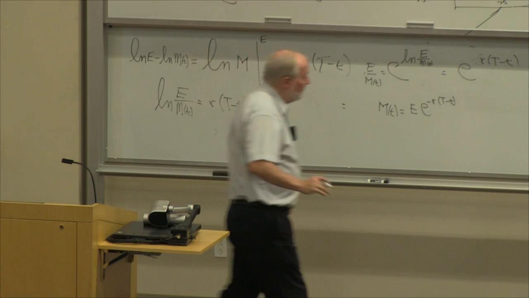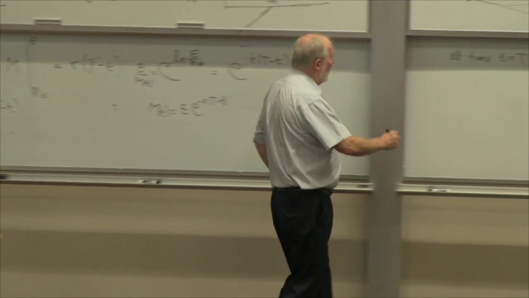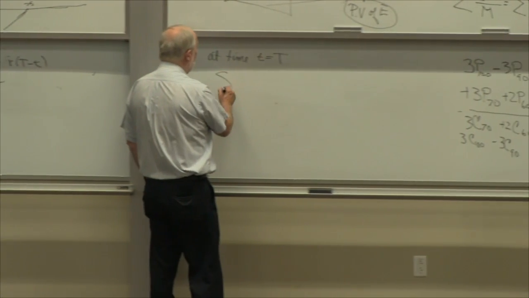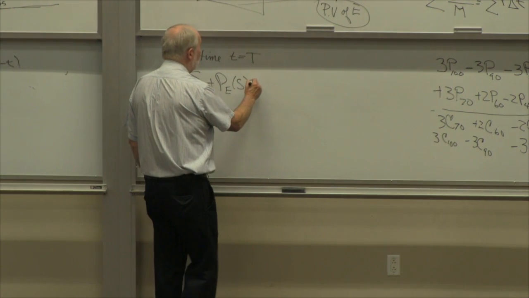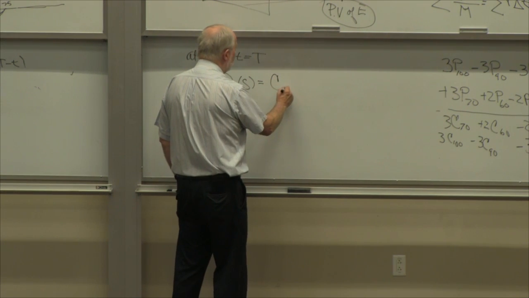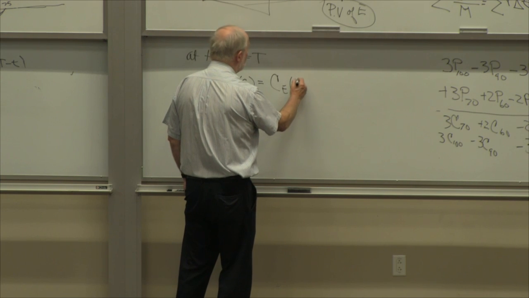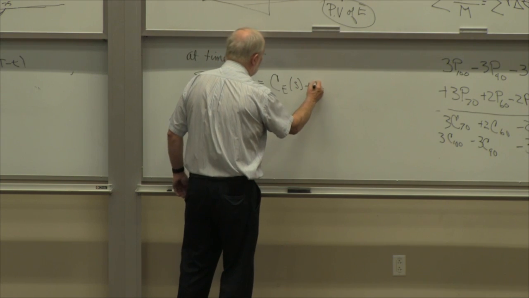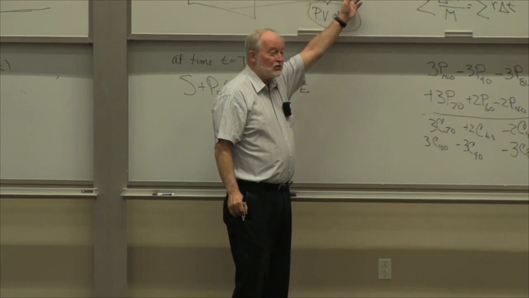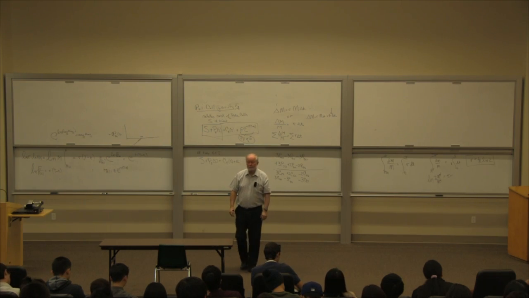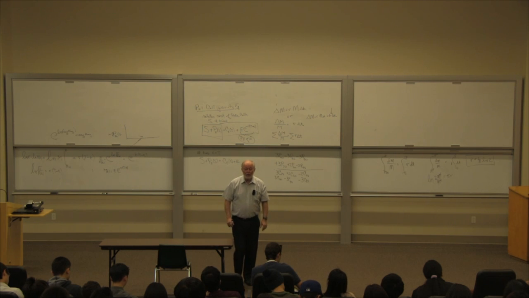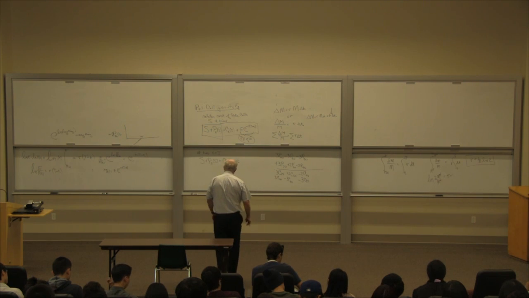So at time T, what I have is S plus my put, the strike price, equals the call, S plus E. Precisely E, because at time T, this is equal to 1. Now what we can do is substitute in.